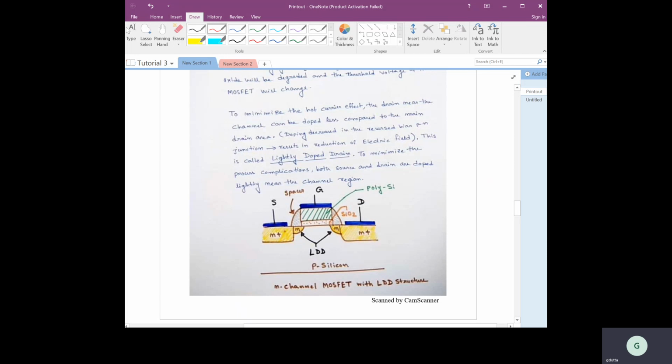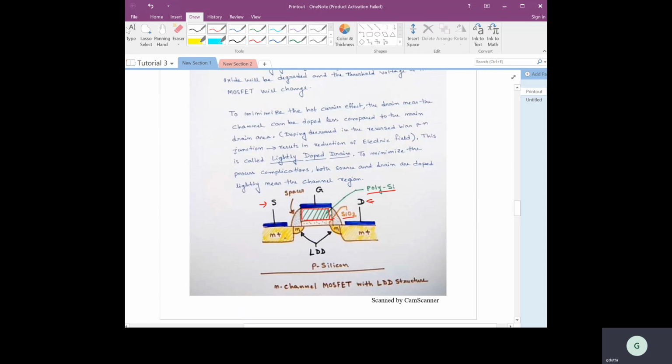Okay, here you can see the source and drain implant, which is N plus. This is the source contact, this is the drain contact, right? And this is the gate, the polysilicon gate. It is also written here, polysilicon gate. This is the silicon dioxide, right? It is also written here.